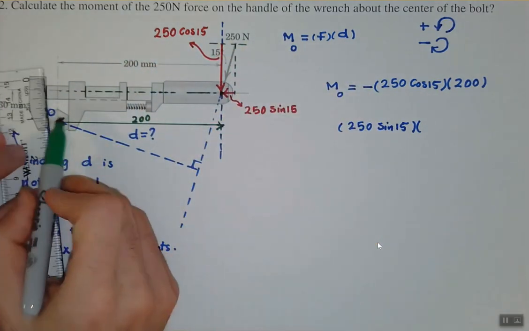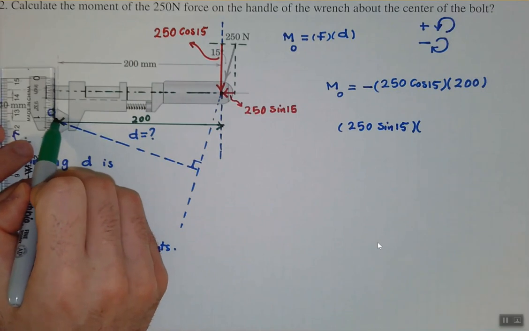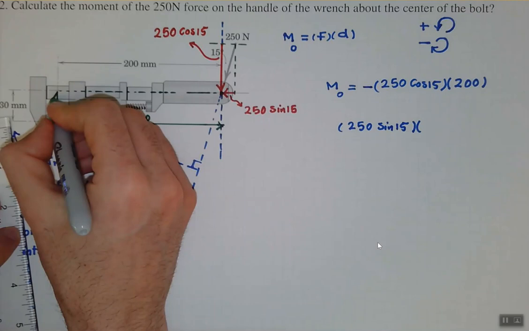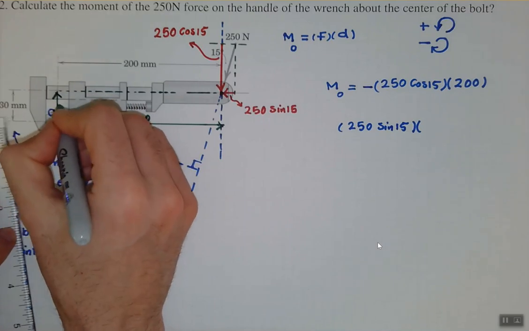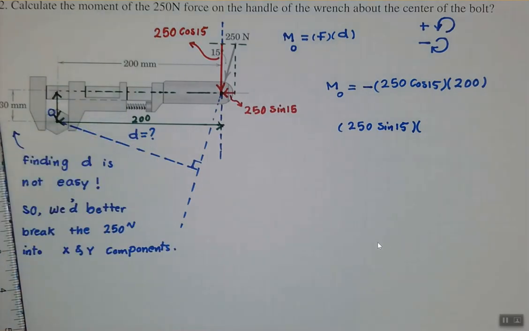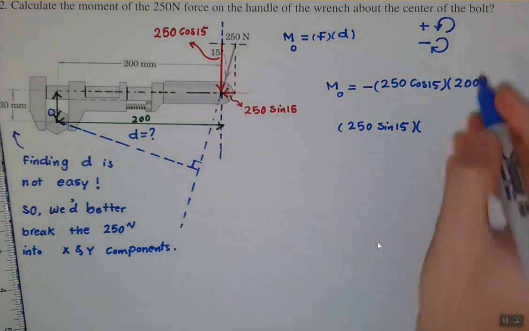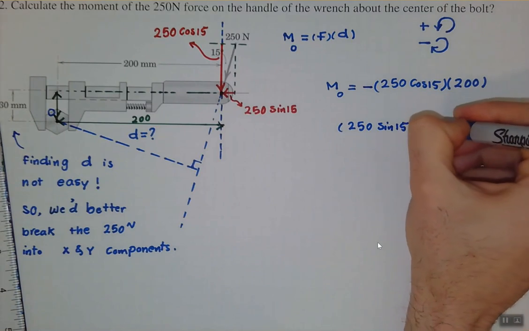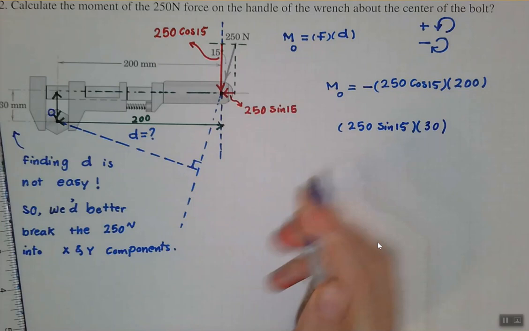And the distance between this point O and the line of action is this distance, right? Which is basically 30 millimeters. So the distance is 30 millimeters.